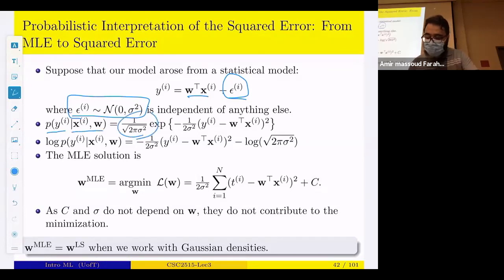which depends on the variance, times the exponential of minus 1/(2 sigma squared) times the difference between Yi and W transpose Xi, squared.